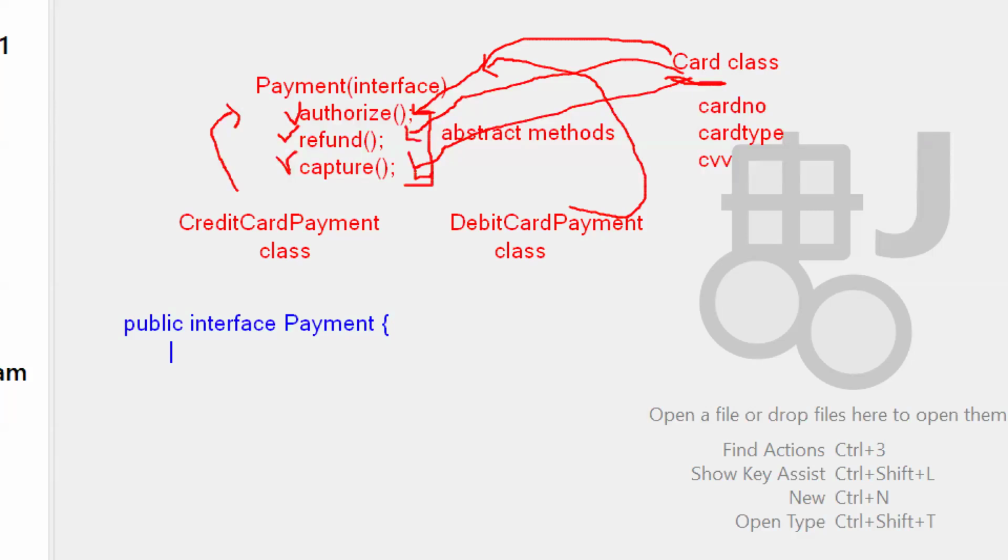Without return type, you cannot write a method, right? Yes, sir. Okay, I want to use return type Boolean. Boolean space method name authorize. Authorize method name, very good. Parentheses, Card card, semicolon.